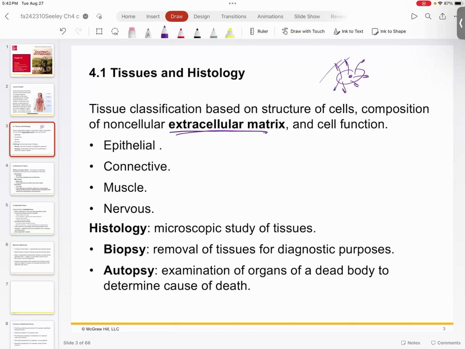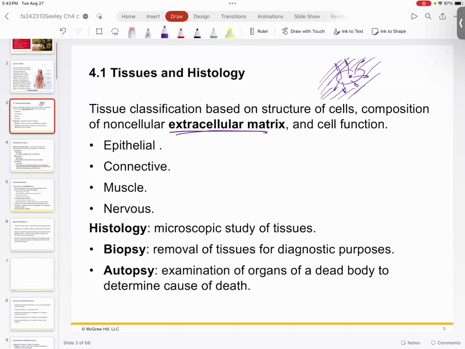Plus, they'll put a bunch of protein fibers out there like collagen and elastin. They'll create an environment for themselves that is helpful for their function and creates a sense of home, if you will, but also functionality.